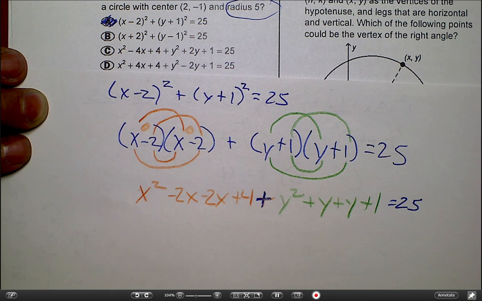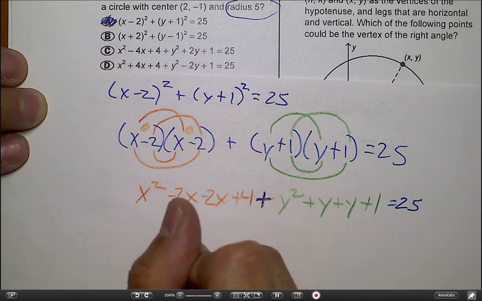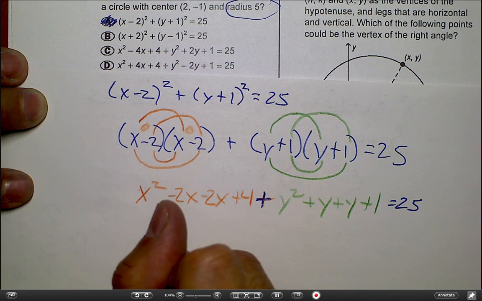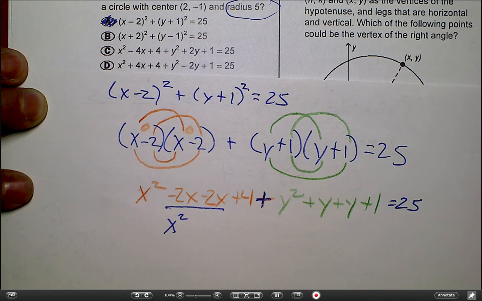Alright, so after I did my distribution, which one of these is it going to work? D. Okay, let's rewrite it. X squared. How many x's do I have?